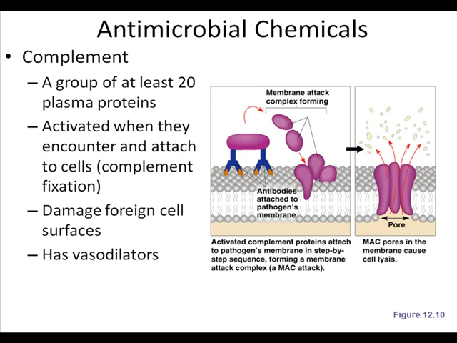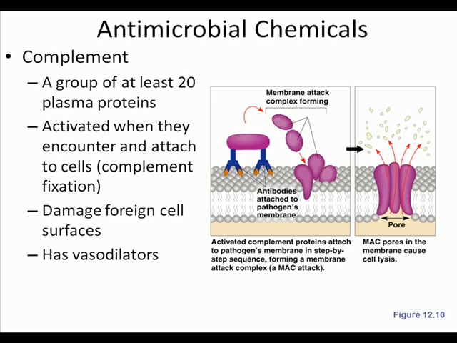There are a lot of chemicals that get released that trigger various parts of the immune system to react to something. One of those types of things that happen is something called complement, which is a group of about 20 different plasma proteins. So they're found in the blood.